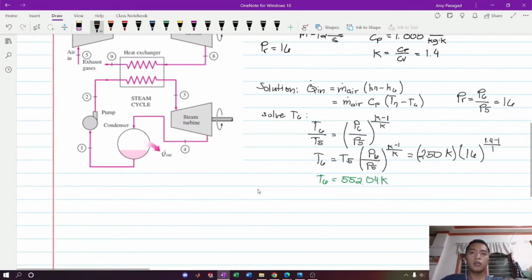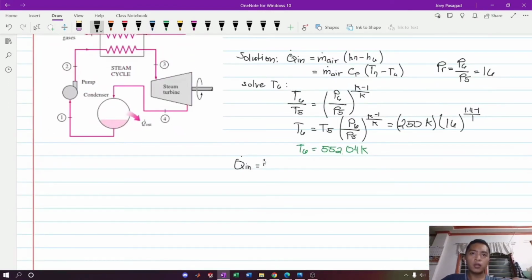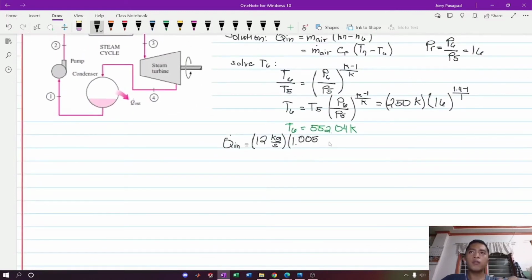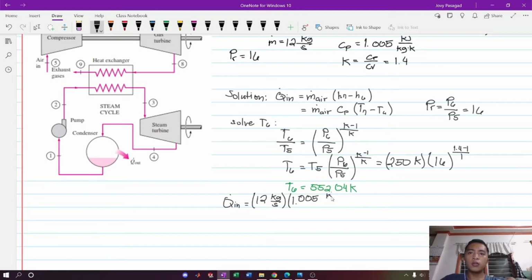Karon substituting ani nga formula, makita na nato ang Q in. Q dot in is equal to mass flow rate sa air which is 12 kilograms per second times specific heat 1.005 kilojoules per kilogram Kelvin times T7, 1,500 minus 552.04 Kelvin.